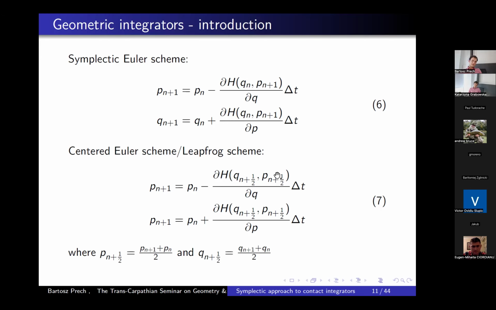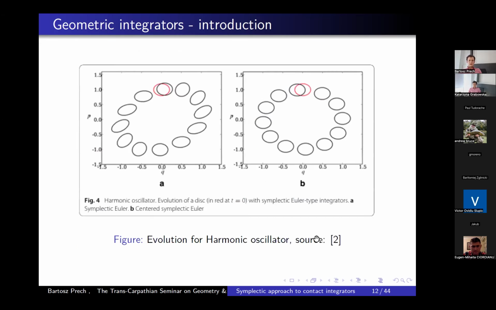And the more commonly used is the centered Euler scheme, or leapfrog scheme. It calculates also the midpoint positions and velocities during your numerical integration, and this is a symplectomorphism.